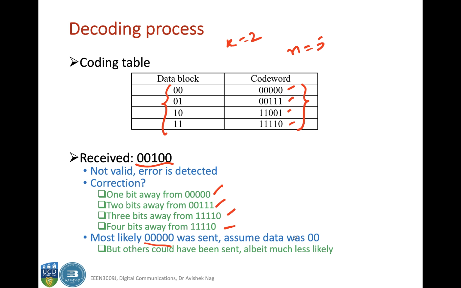Assume that this was the data. Since the received code word is closest to this, you are assuming that this particular code word was sent, and this particular code word corresponds to this data block, so you assume that this data was sent.